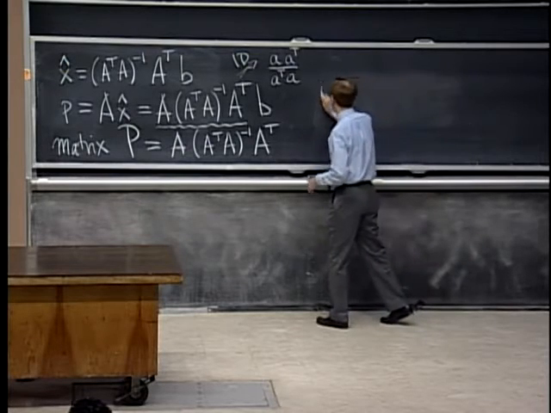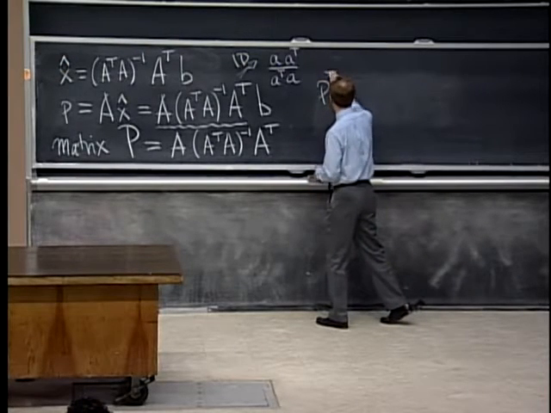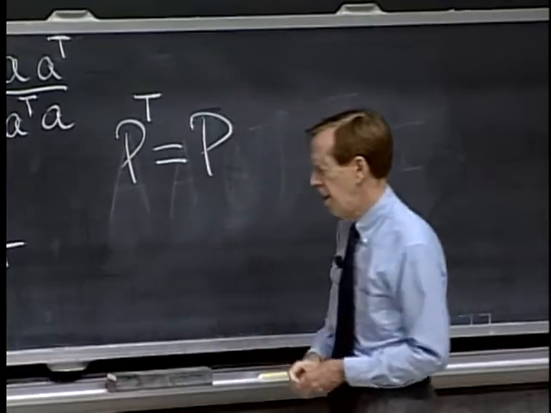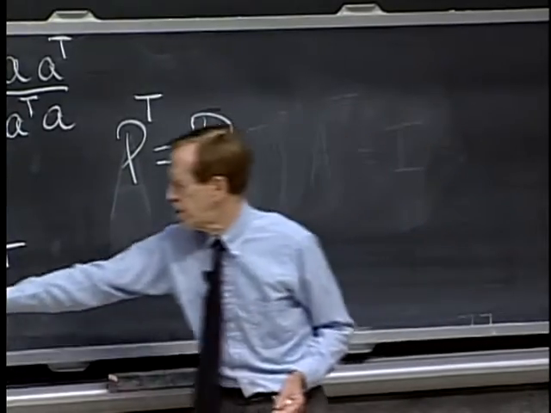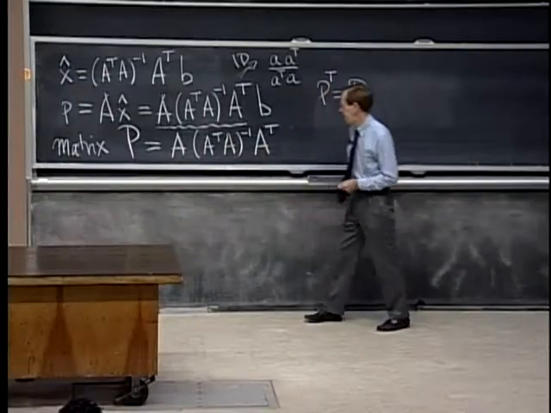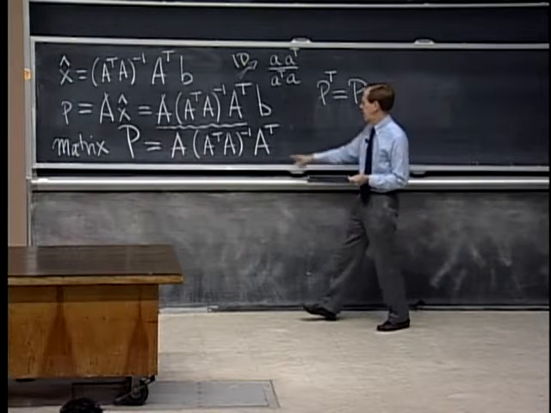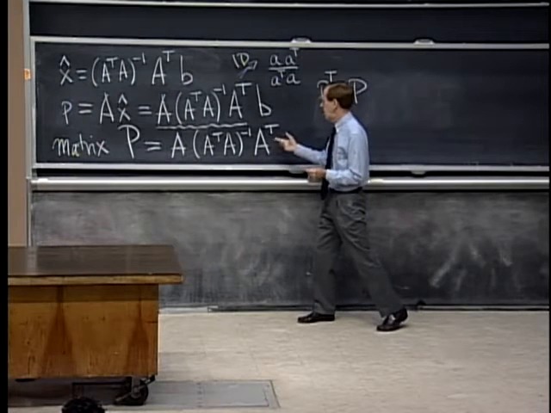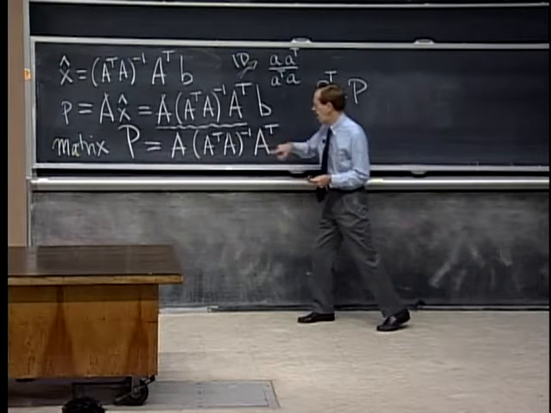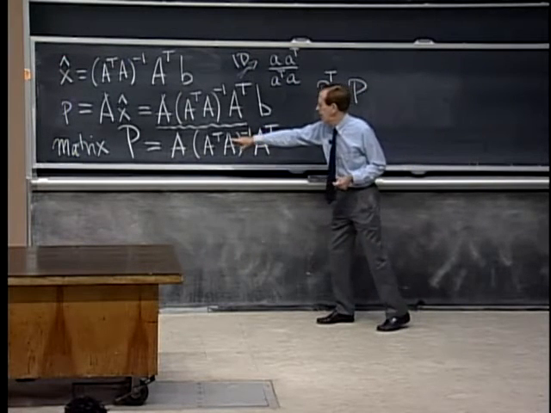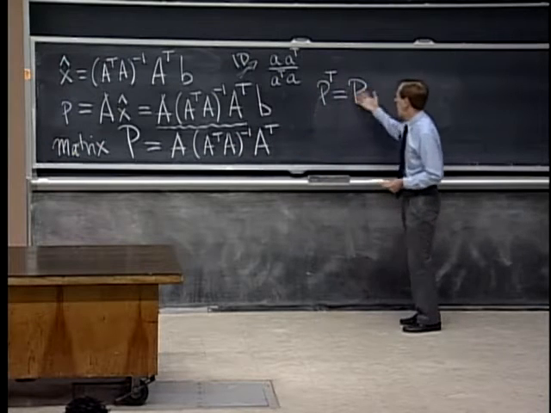That matrix should be symmetric, and it is. P transpose is P, because this guy is symmetric, and its inverse is symmetric. And if I transpose this one, the A transpose will pop up here, and I'm back to P again.